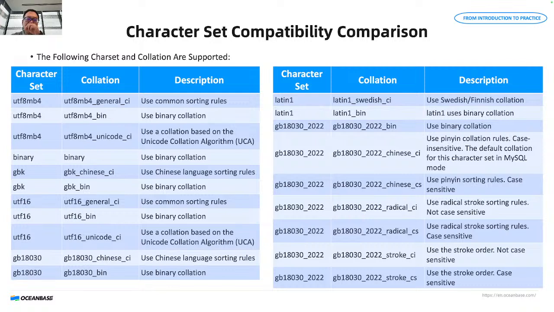For subsequent versions of OceanBase, such as version 4.2.2 or version 4.3, we can use the command show charset or show collation to view the character sets, character sizes, and character sequences compatible with the current version.